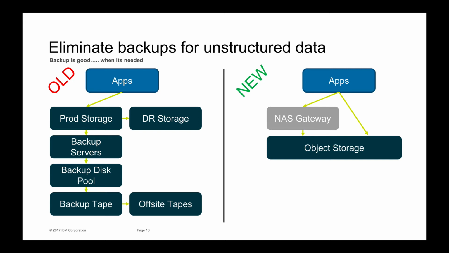That NAS gateway will typically provide some element of snapshot capability, so if you really are paranoid about needing access to old versions of the data, those snapshots are stored out in the cloud, and you can simply restore from those, as opposed to having all this external infrastructure simply to support the possibility of you needing some data back, which may never actually occur.